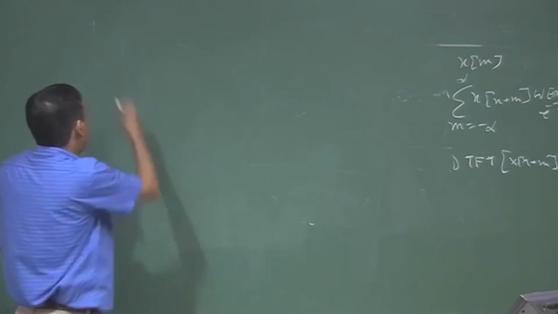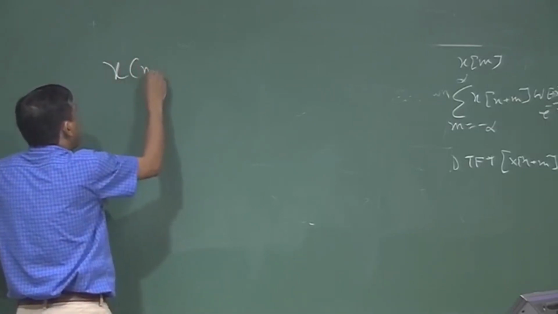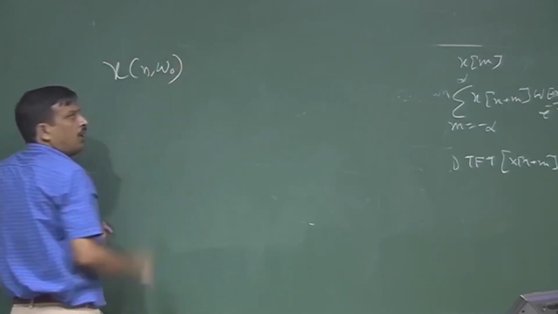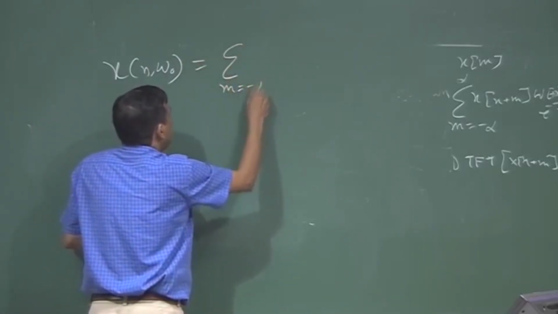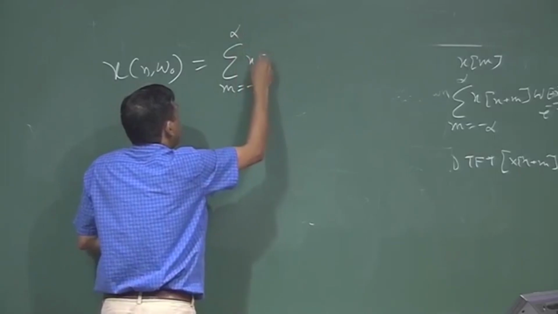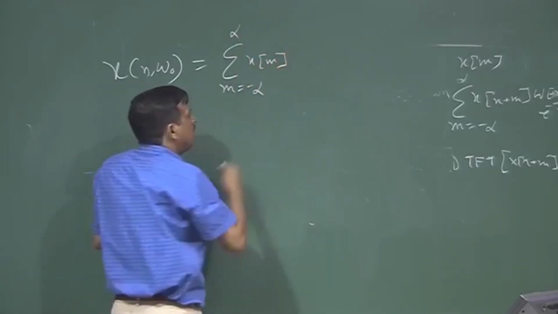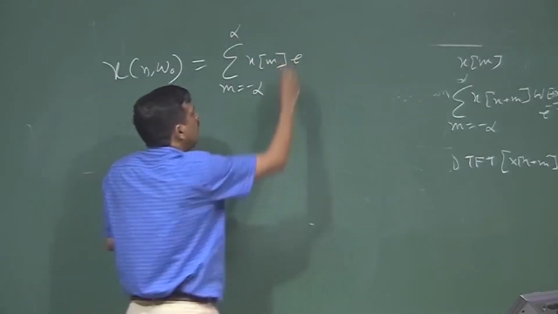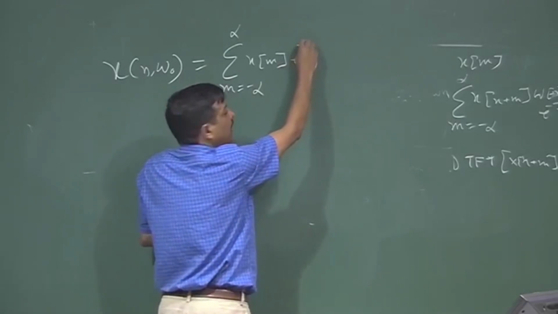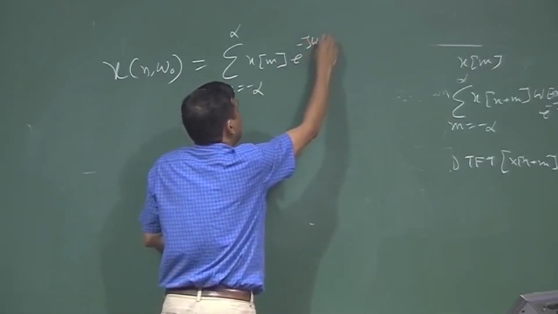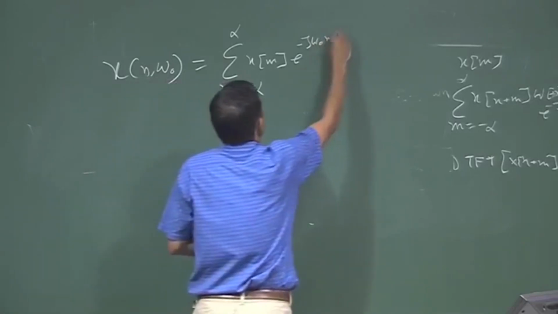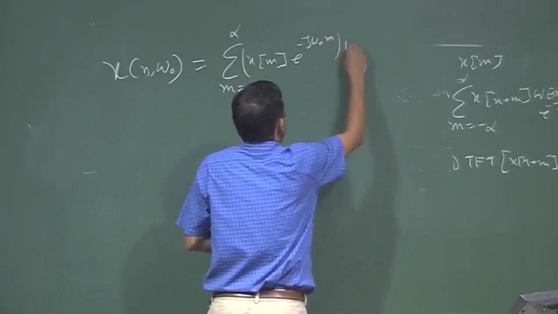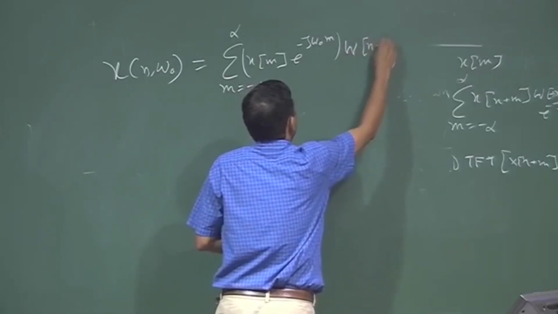So, I can say X[n, omega 0] for a particular frequency is nothing but the sum over m equal to minus infinity to infinity of x[m] e to the power minus j omega 0 m, and this is multiplied by the window.